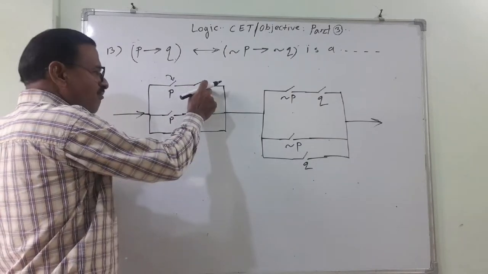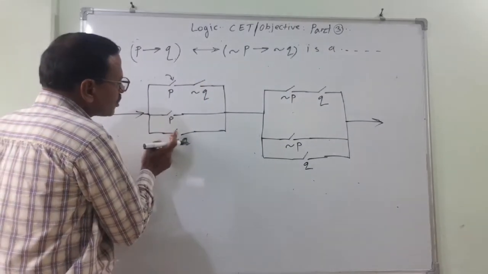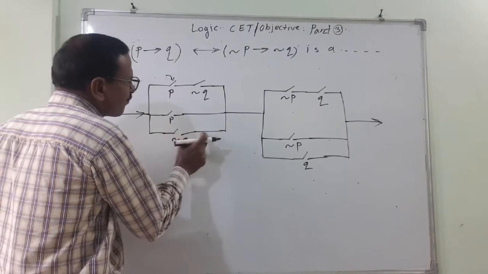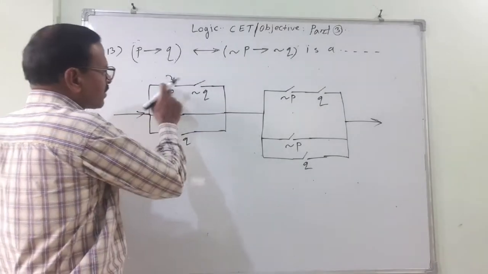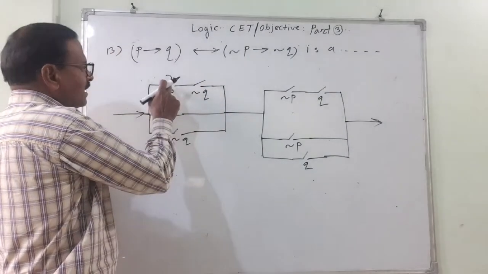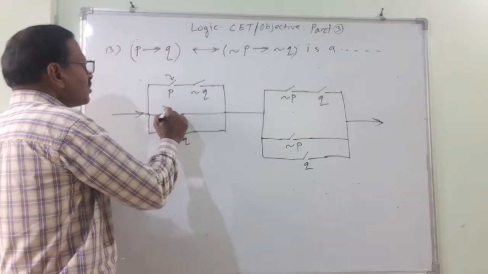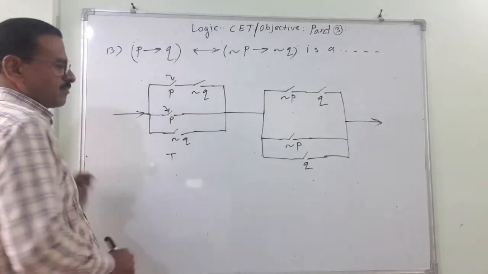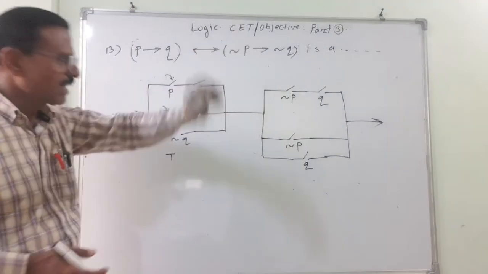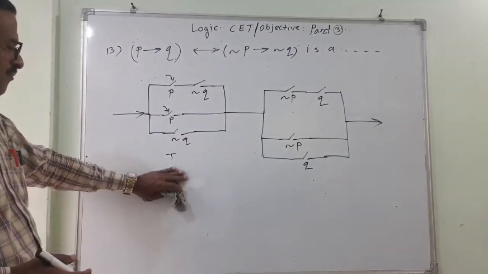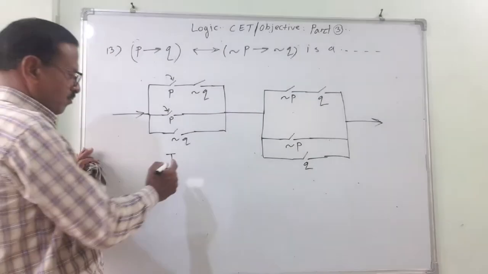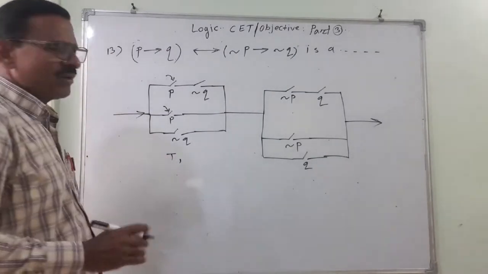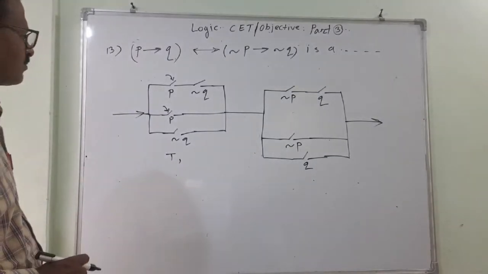If this is off, that means this is also off. This branch no current, this branch no current. But as this is on, this also will become on and the current will pass through this. So the first value for this will be true.